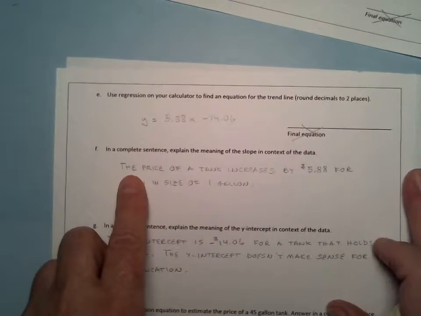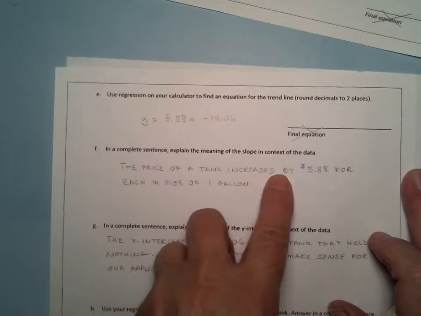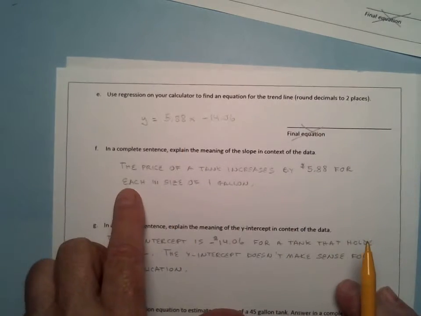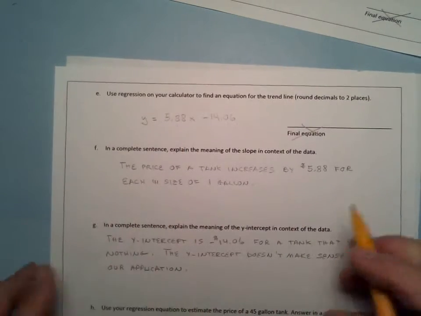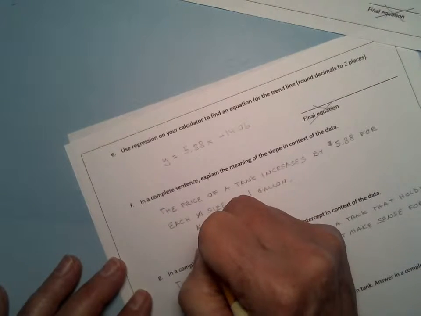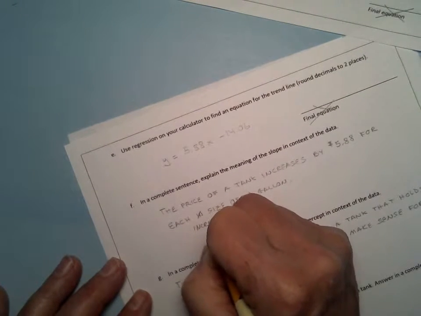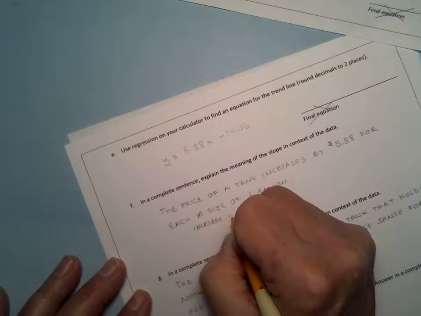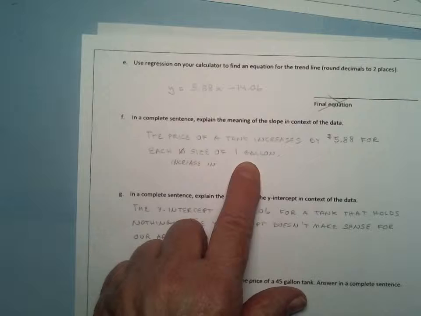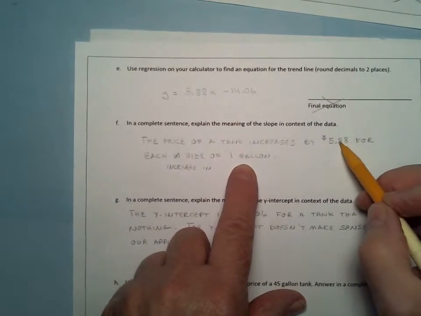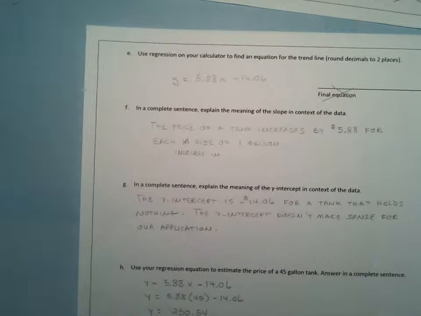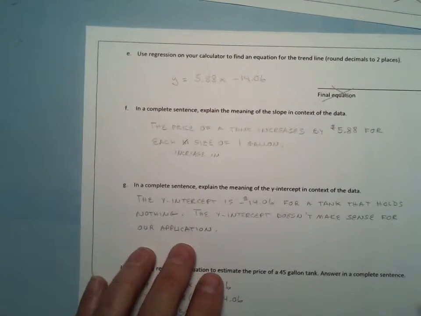So I said the price of a tank increases by $5.88 for each increase in size of 1 gallon. So if the size goes up by a gallon, the price is going up by $5.88. And you could say that in lots of different ways. You can probably say it a lot better than I did.